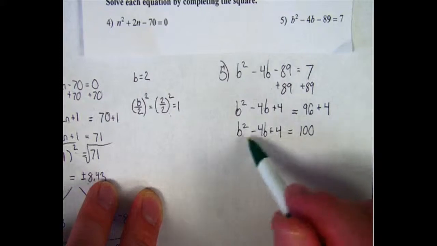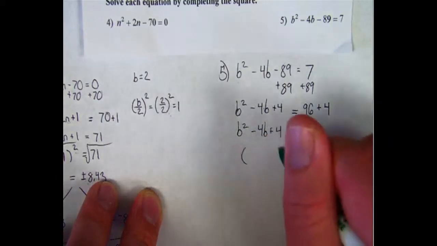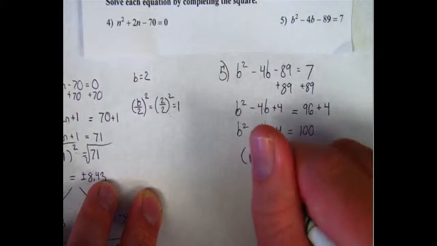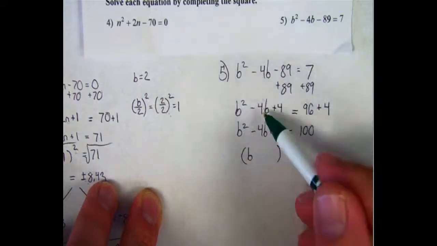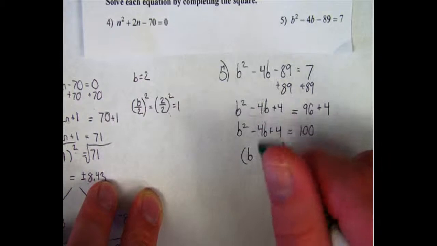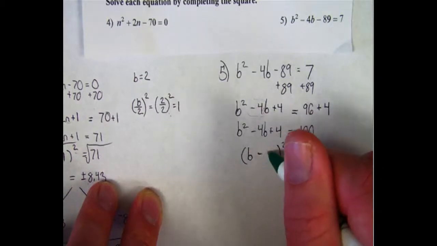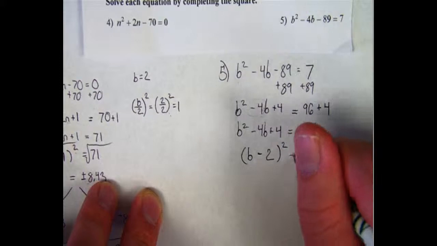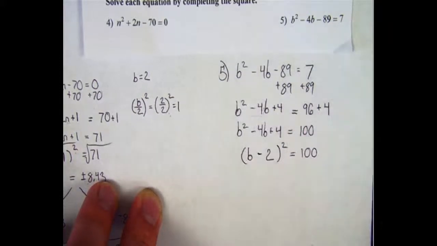Now I'm going to rewrite this as a perfect square, and remember that's going to be the square root of the first term, which is b, and then half of this coefficient, so half of negative 4 is negative 2. So this is b minus 2 squared equals 100.